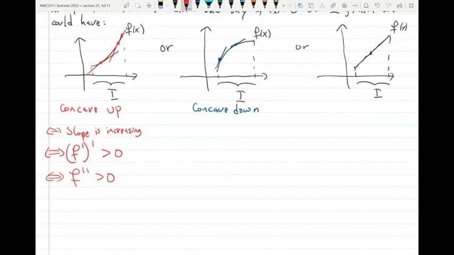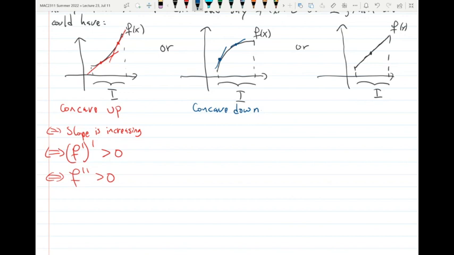Now, let's use a similar idea on the concave down case. For the concave down, once again, geometrically means the graph of the function is always under the tangent line, so you know how the shape is. But how do we detect this? Let's focus on the slope again. What happened to the slopes of these functions?